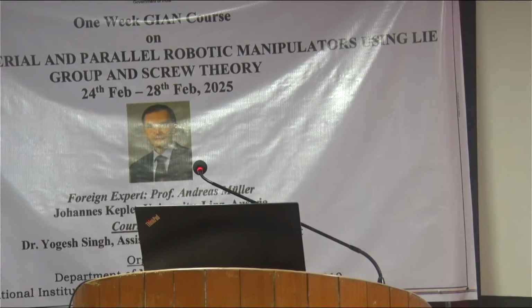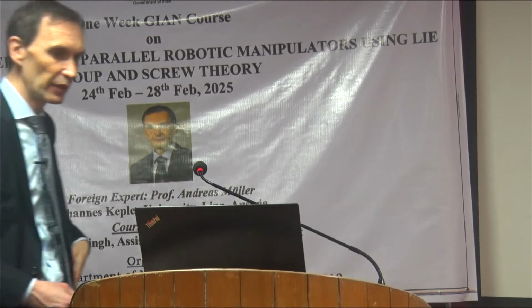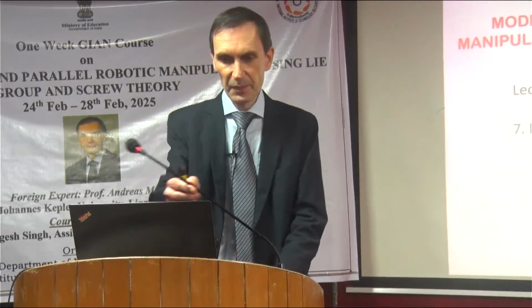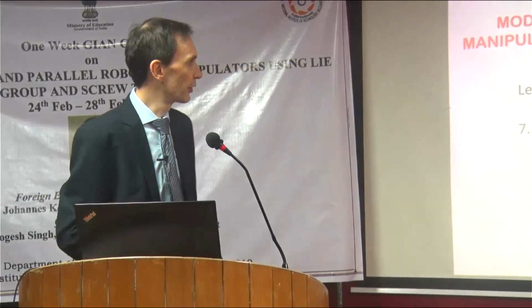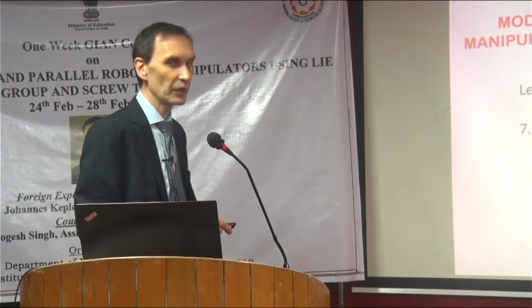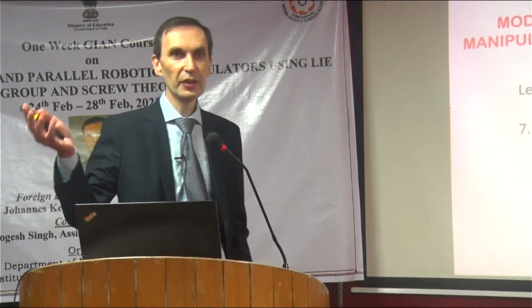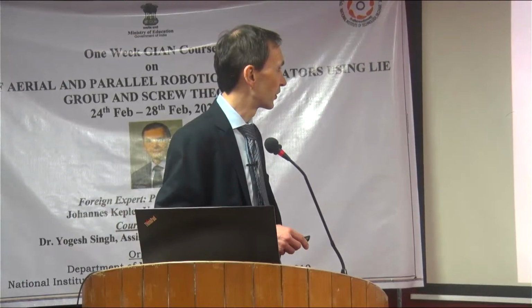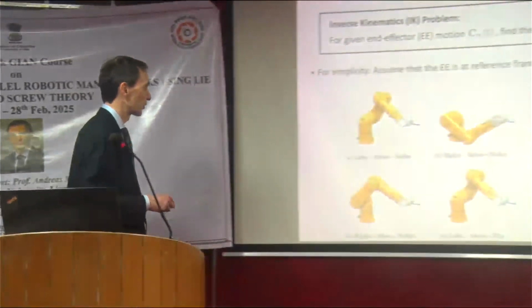Okay, then let's resume where we left off yesterday. I would like to finish this topic from yesterday, which was about the inverse kinematics of an open kinematic chain, like a robotic arm. And this is what we discussed: this is not unique.